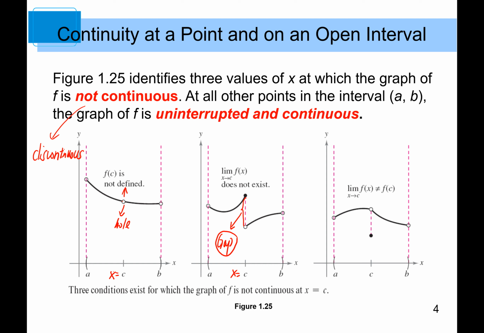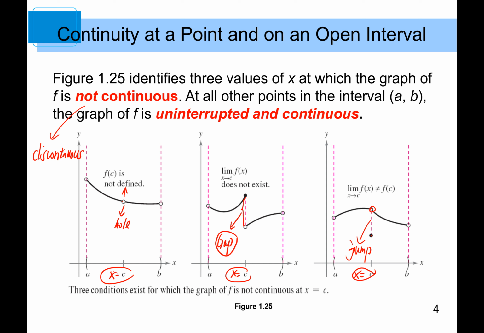The third case will be there's a jump here between the solid point and a hole, so this is what they call a jump. When you have any one of these cases, we know that the function is not continuous at x equals c.